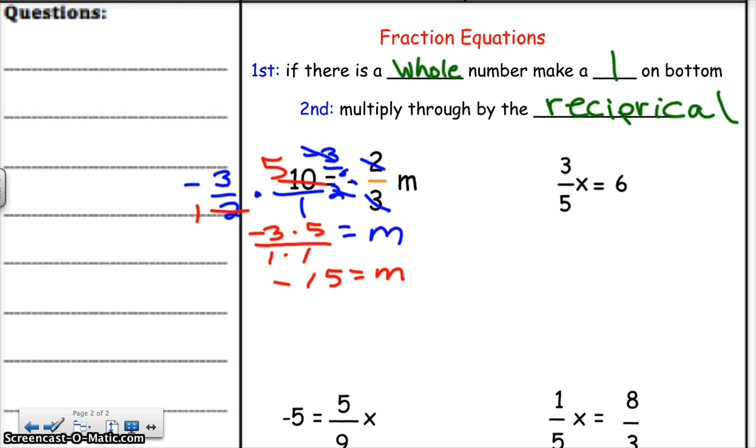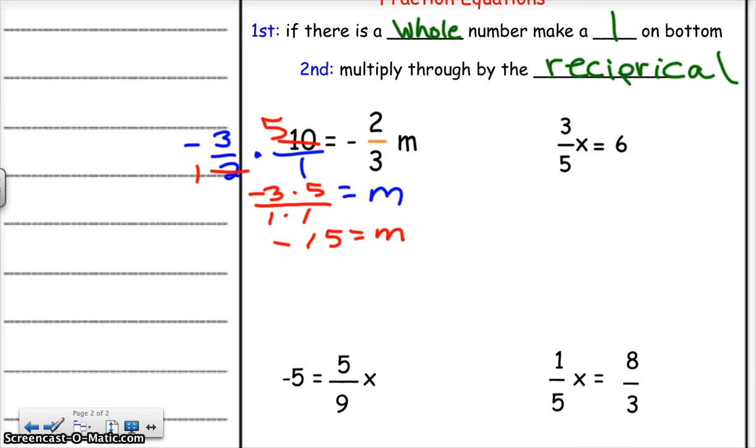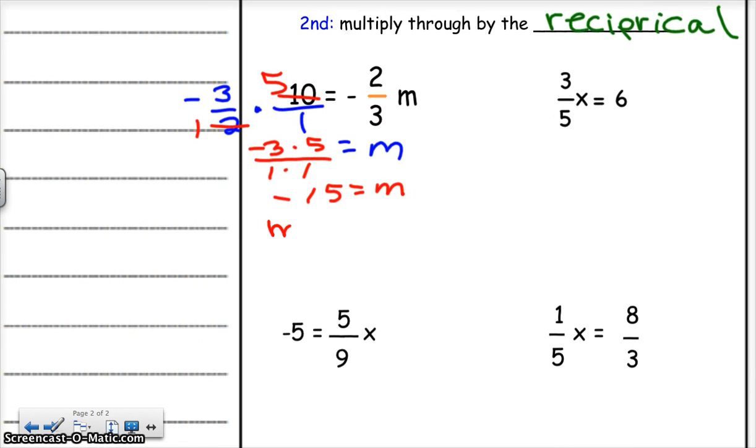Negative 3 because the negative was right here. The negative can be with the 2 or the 3. It doesn't matter. Proper math etiquette says, hey, variable first. Variable likes to be first.